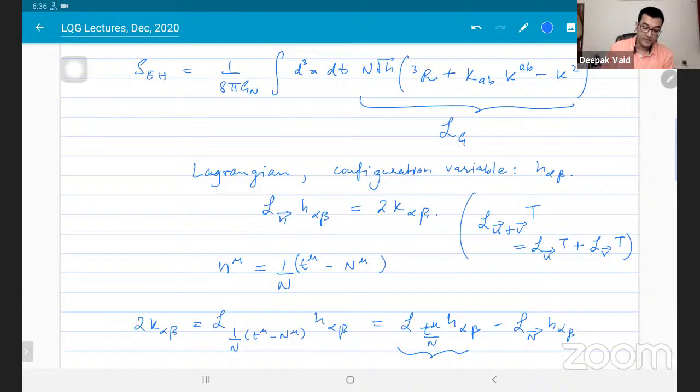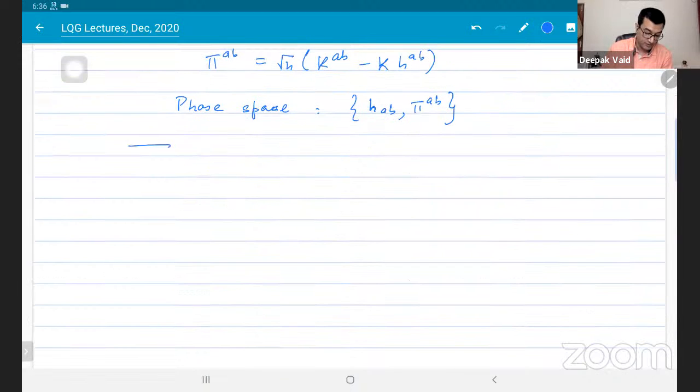All right, so let me write down the definition for the Lie derivative once again. If you have some vector field, the Lie derivative for a scalar function is just the directional derivative.